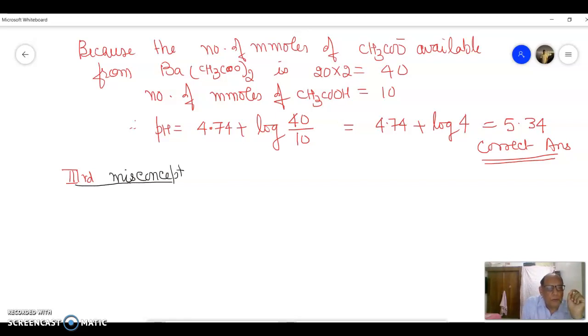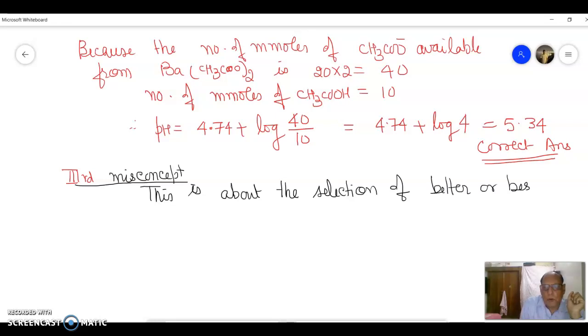About the buffer solution. So this misconception is about the selection of better or best buffer solution out of various buffer solutions given.